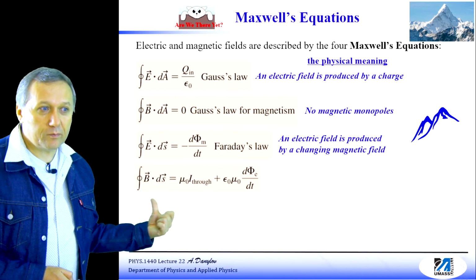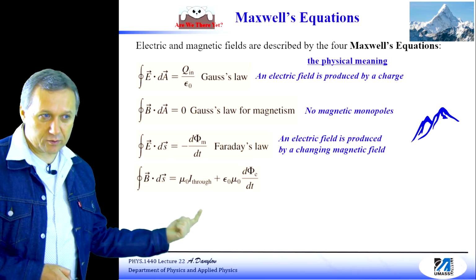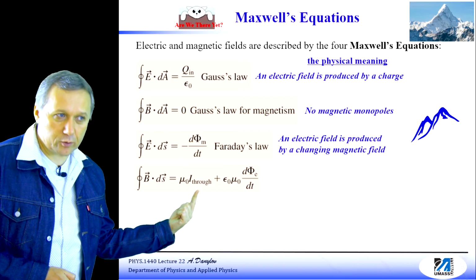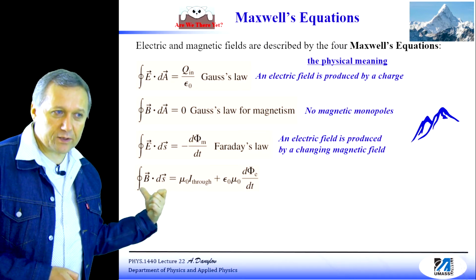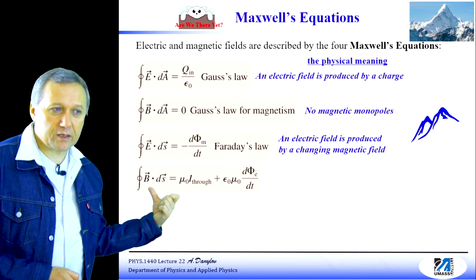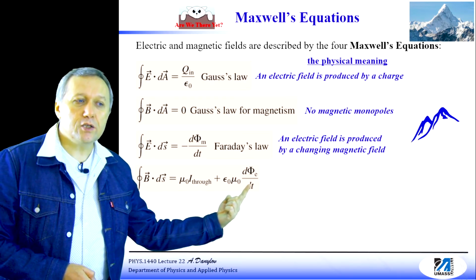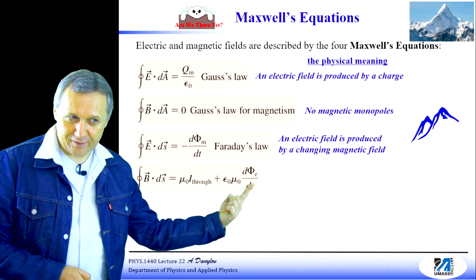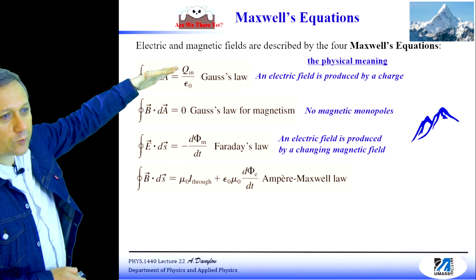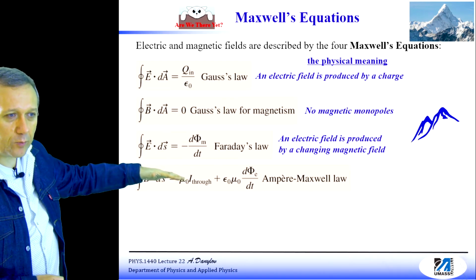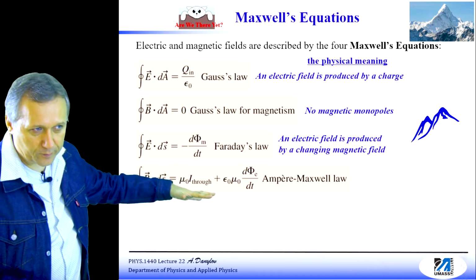Now the magnetic field is produced by sources over here: the actual currents, the drift of charges. A magnetic field can be produced by actual currents, and by a changing-in-time electric field. So that's what we call the set of Maxwell's equations written in integral form.